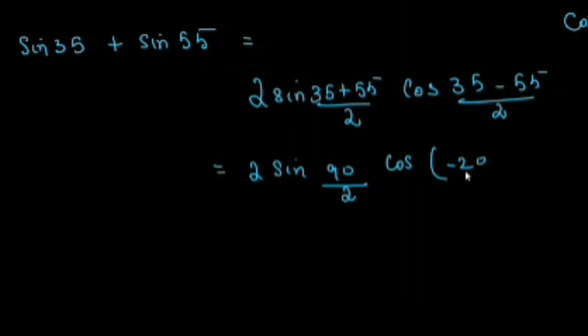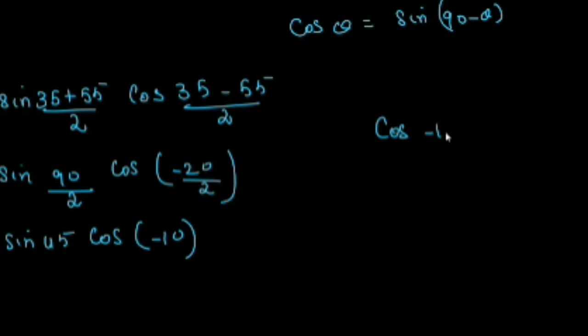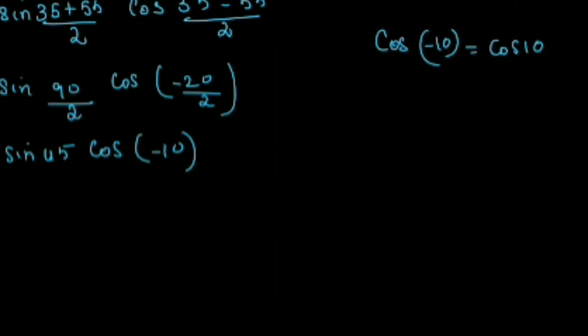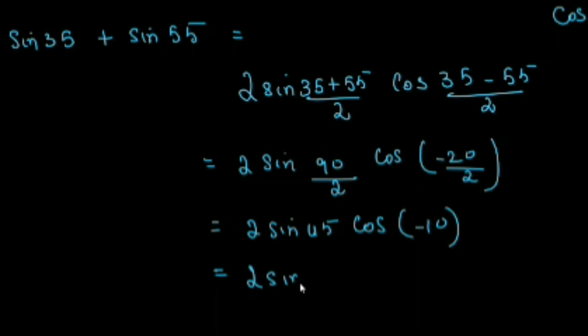Minus 20 by 2. So it is equal to 2 sine 45 cos minus 10. Cos of minus 10 is equal to cos 10, because cos is an even function. So that is equal to 2 sine 45 cos 10. So we have converted the sum to product.